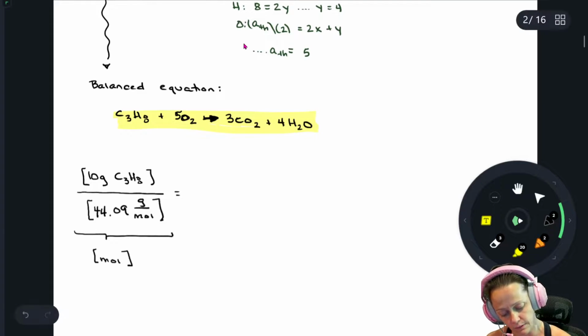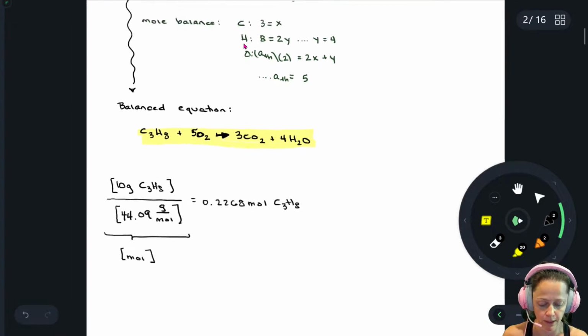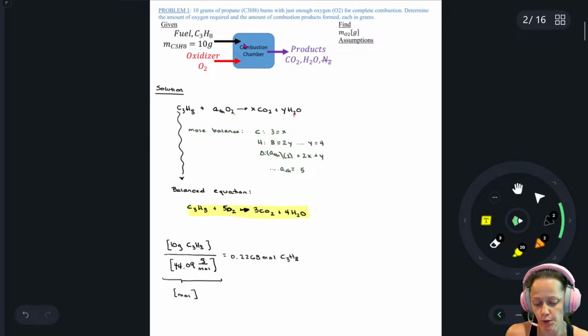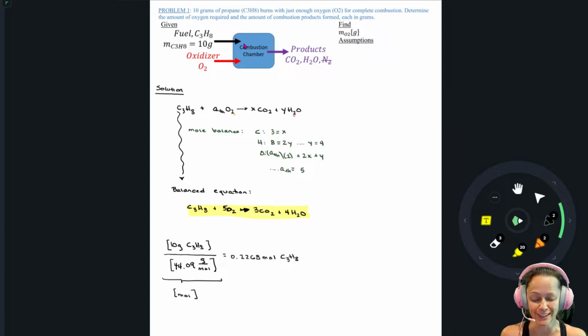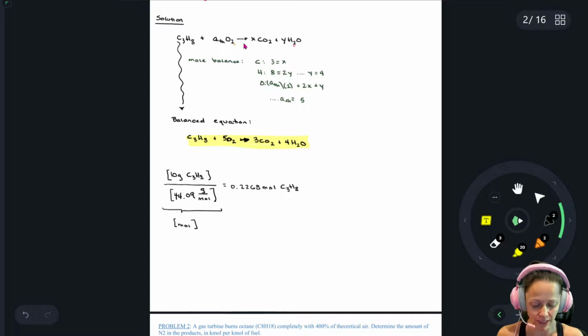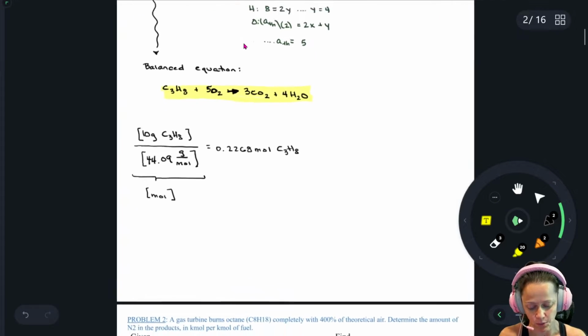Right, so I have 0.2268, and this is moles of C3H8. All right. Of course, I'm looking for grams of oxygen.